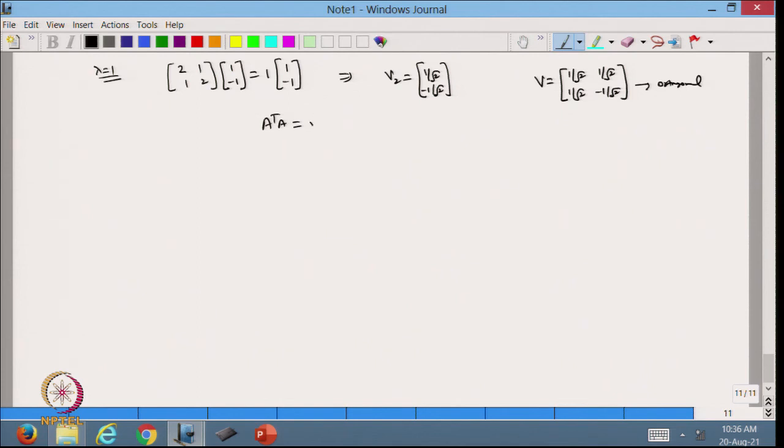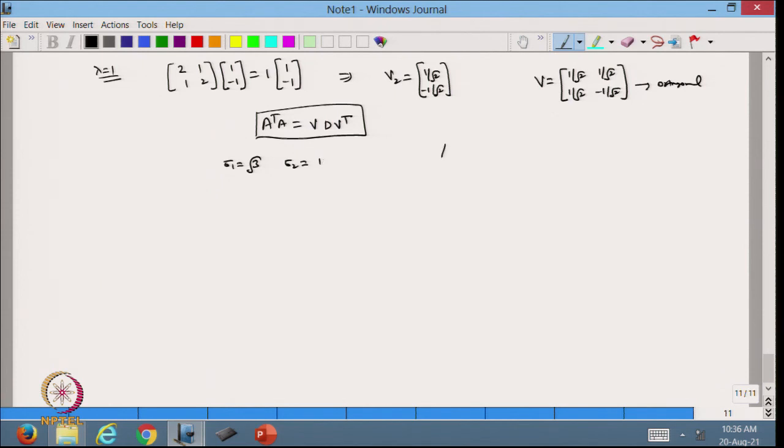So, I can write that this is equal to V D V transpose. So, this is what we are able to get. Now, I will find out the values of the u_i's. From here, my sigma 1 is root 3 and sigma 2 is 1.